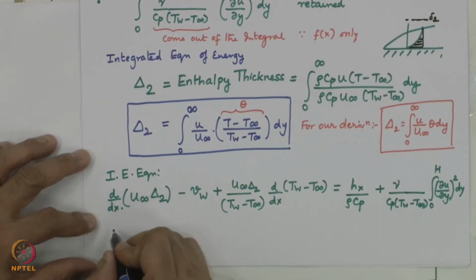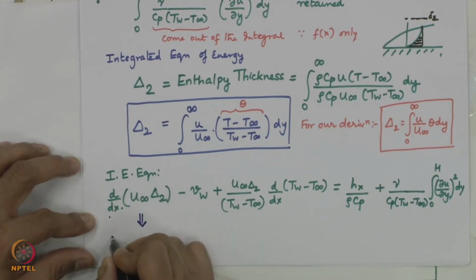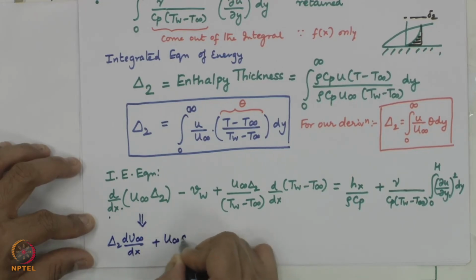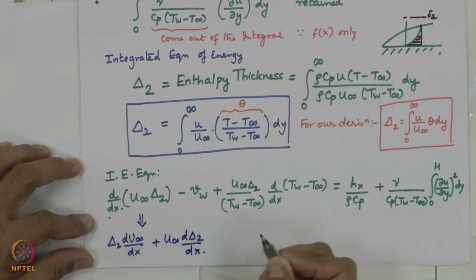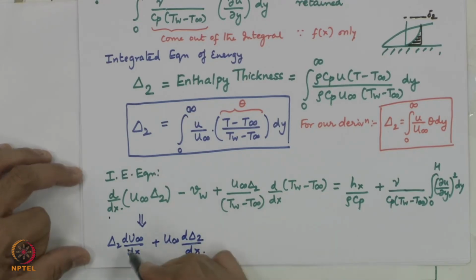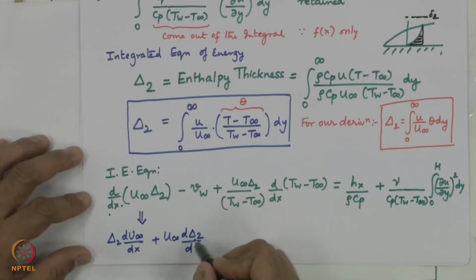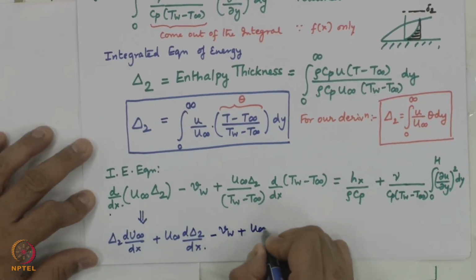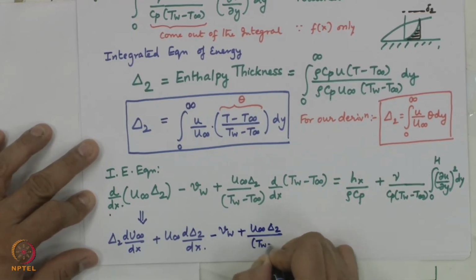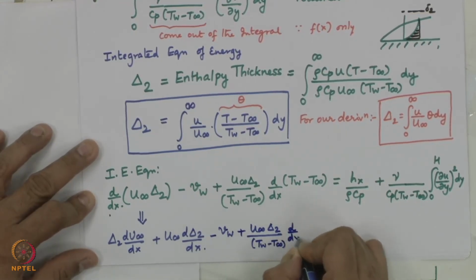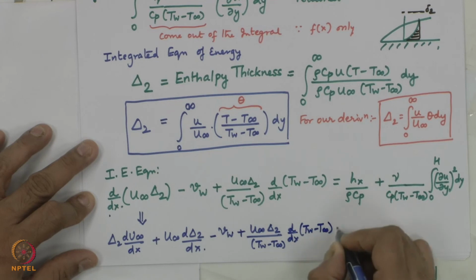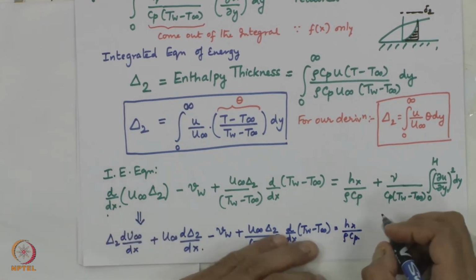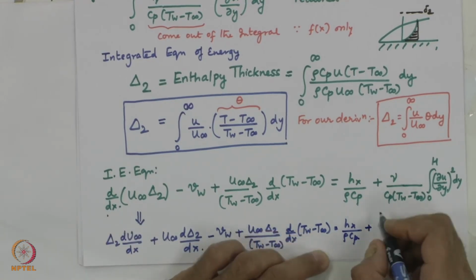So, I will open this bracket as delta 2 du infinity by dx plus u infinity d delta 2 by dx. What about this one? Delta 2 du infinity by dx, minus Vw as it is, plus u infinity delta 2 by T wall minus T infinity, d by dx of T wall minus T infinity, is equal to hx by rho Cp plus nu by Cp and so on.